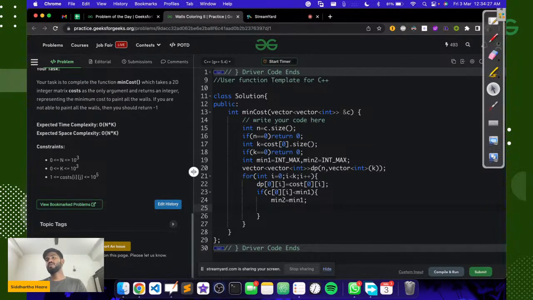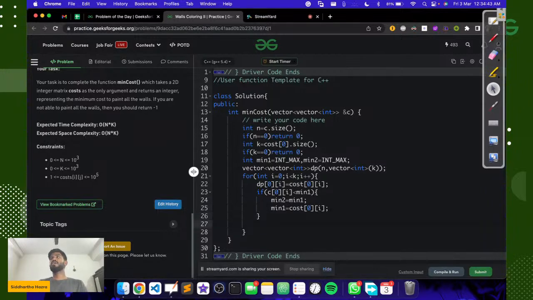So the second most better value would go to min 2, and min 1 is equal to cost of 0 comma i. Like suppose I saw that min 1 is the best, but now suppose I found a better one than min 1. So the better one would go to min 1, and min 1's value would go to the second minimum. Okay.